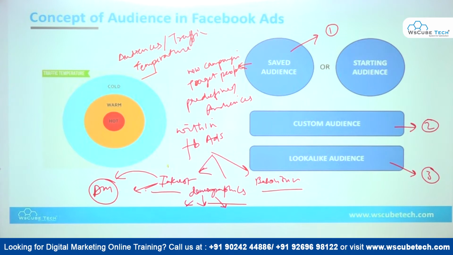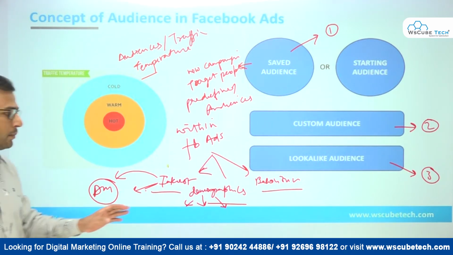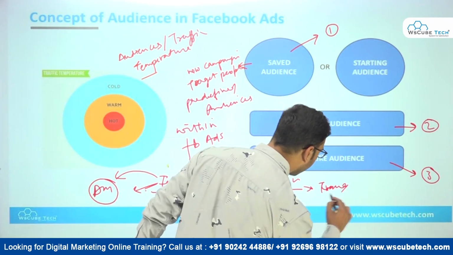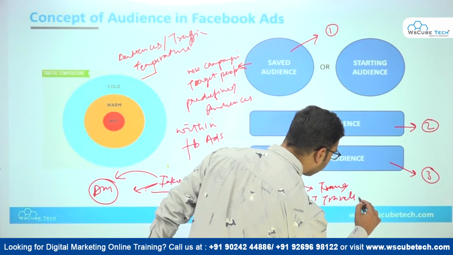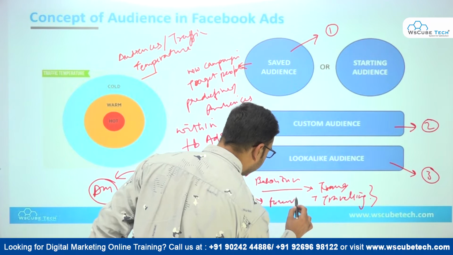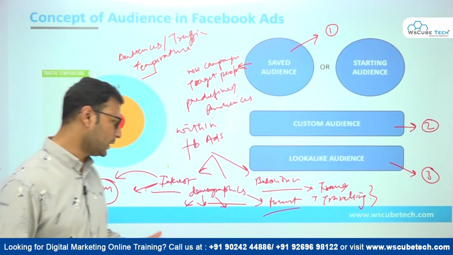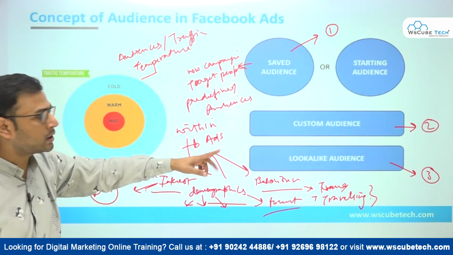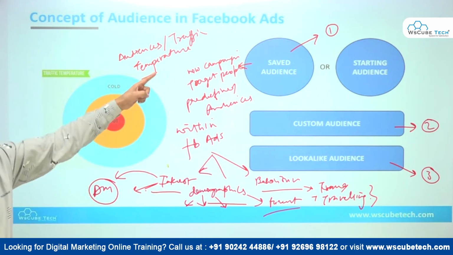All these things are predefined within Facebook ads, and you can target on the basis of behavior, like people who like to travel, people who are traveling. Or in the demographics you can target parents of toddlers, and there are so many options, right? So on these three broad classifications, you can go ahead and use the saved audience.